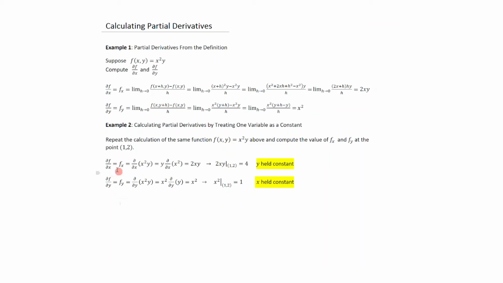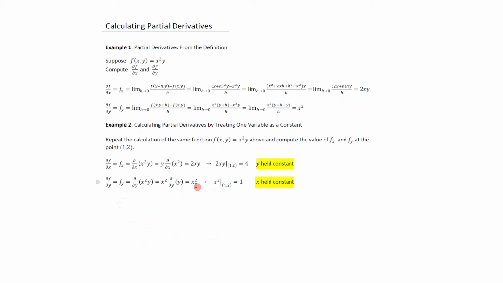So for instance, if you're taking the partial with respect to x, then y is treated as a constant, which means it can come outside. And so you're only taking the derivative of x squared with respect to x, and you end up with 2xy, which is the same as here. For f partial y, in this case, you're holding x constant, so x can come outside. If you take the derivative with respect to y, that's 1, so you get x squared.